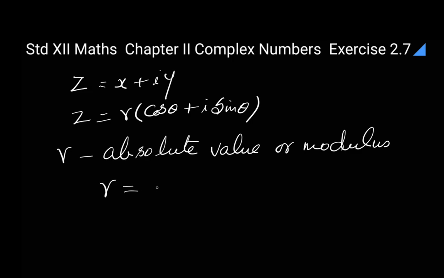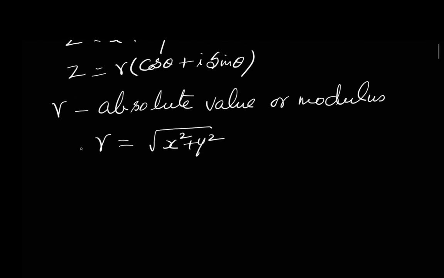So we get r is equal to square root of real square plus imaginary value square. We represent r as modulus z.